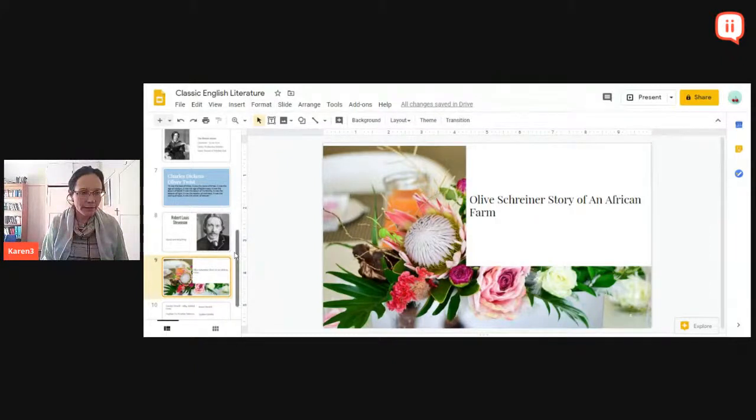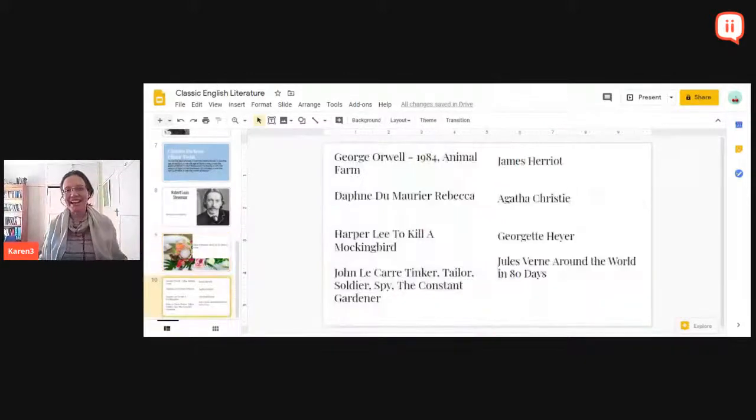Okay, and then here, all right, now who knows George Orwell? 1984 and Animal Farm. It's very, very relevant for today, this time of coronavirus. People say that he wrote it for this time. It's incredible how alike his story was.